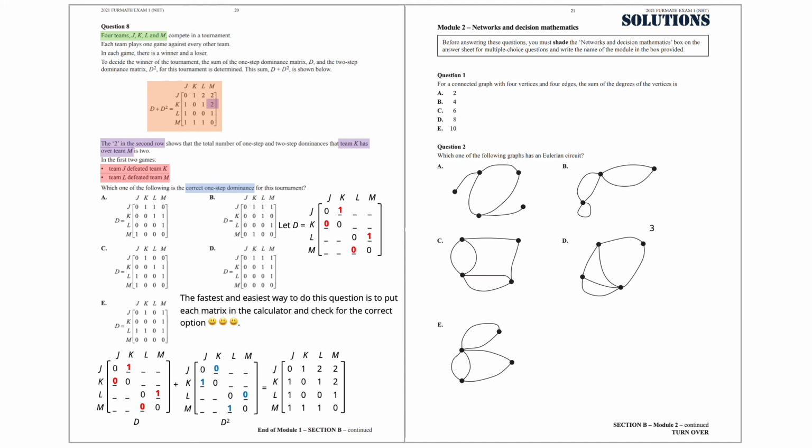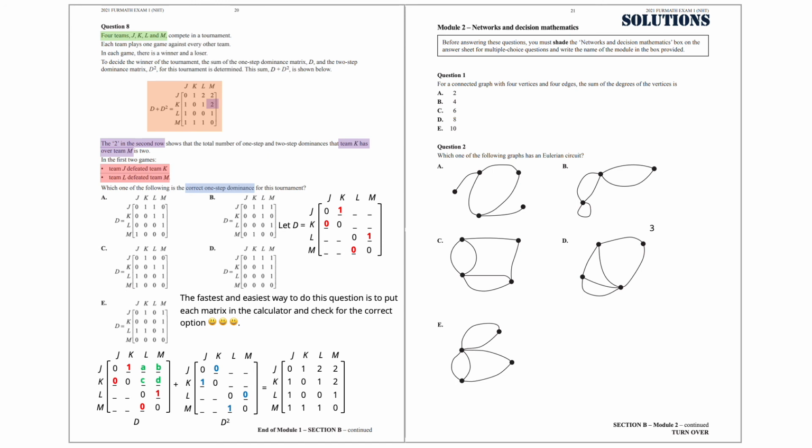Similarly, in matrix D squared, we have a 1 in row 2, column 1, because 0 plus 1 must be 1. Similarly, in row 3, column 4, 1 plus 0 equals 1. And in row 4, column 3, 0 plus 1 equals 1. In the next step, label the 4 elements in the top right corner with A, B, C, and D.